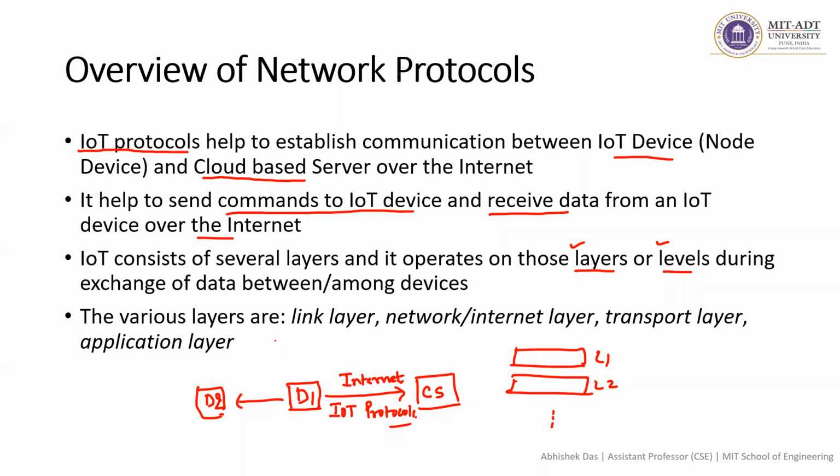These layers are the link layer, the network and internet layer, the transport layer, and the application layer. So these are the four important layers.